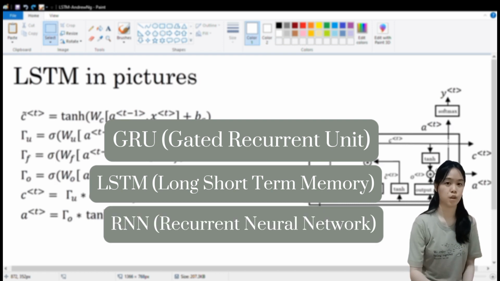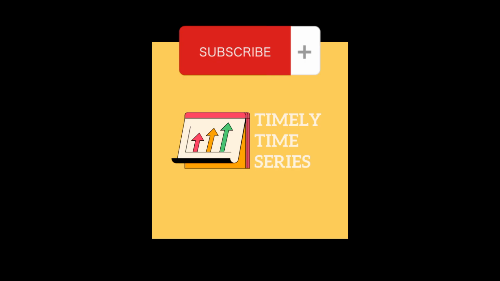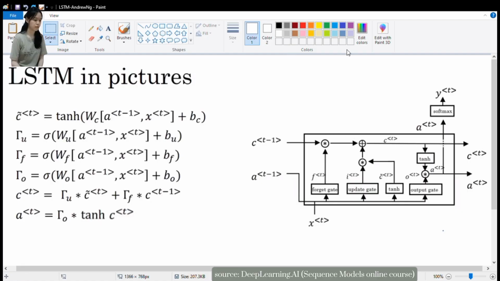We're going to just focus on LSTM. This big rectangle here is the LSTM neuron. So what makes the difference between LSTM, GRU, and RNN? The difference is what happens inside the cell, inside the neuron.